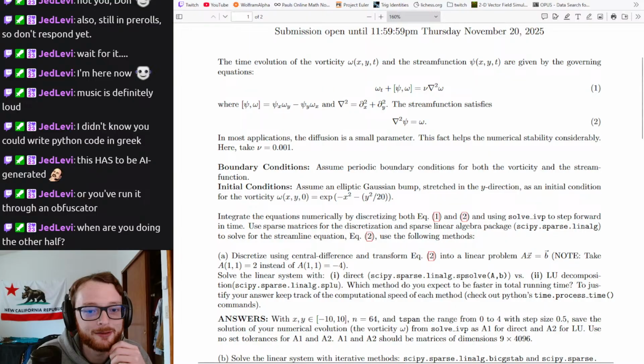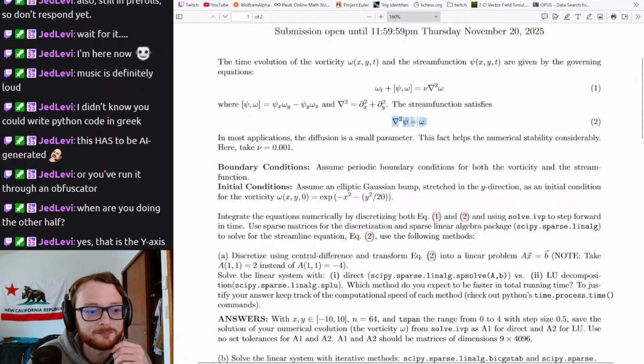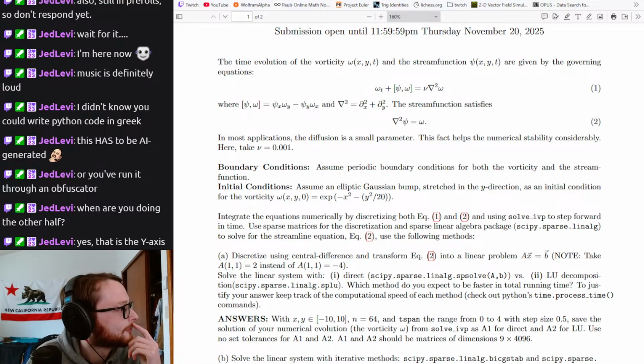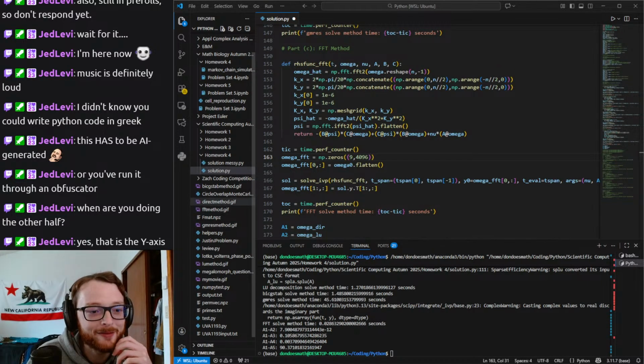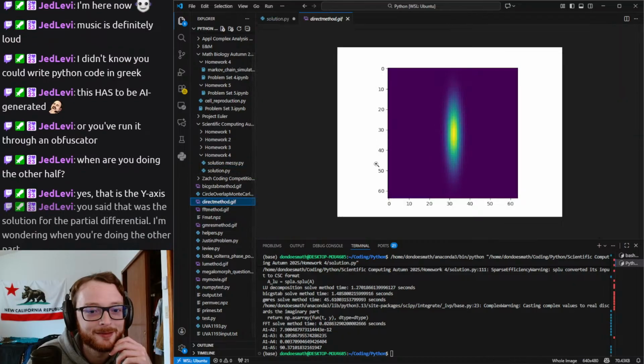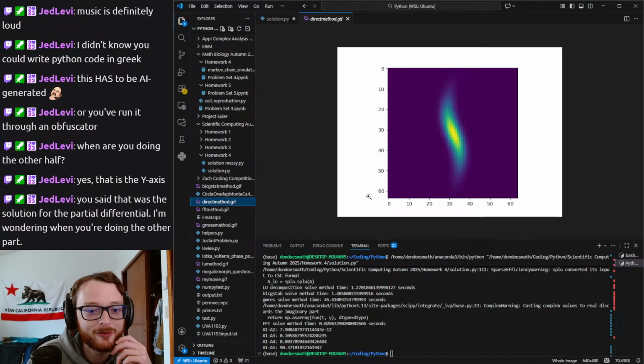The other half, like, we're talking like that as the other half? Or do you mean something else? Well, yeah, but it's the y-axis going, why is positive 60 at the bottom and zero at the top?